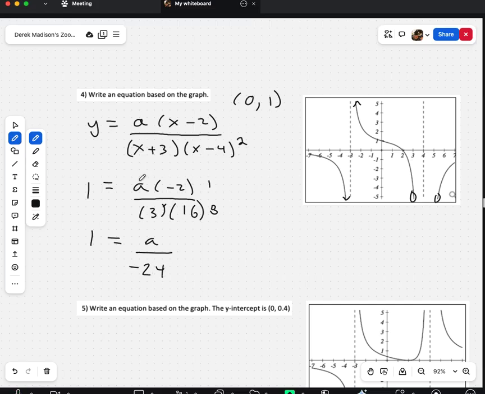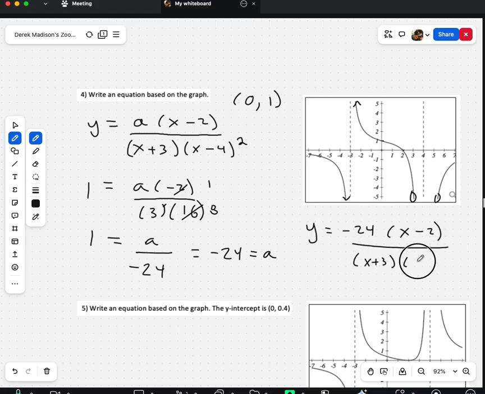Or you can think this is 1 times a and 8 times 3 when I reduce those. Multiplying that up, and I get negative 24 equals a. So my answer on this would be y equals negative 24 times x minus 2 over x plus 3 times x minus 4 quantity squared.